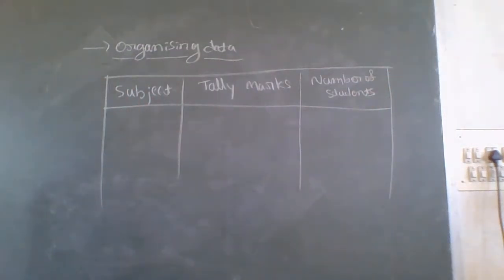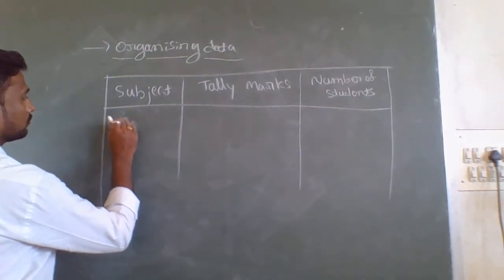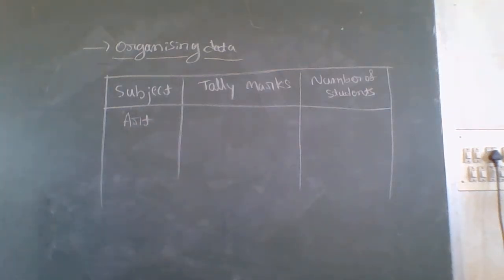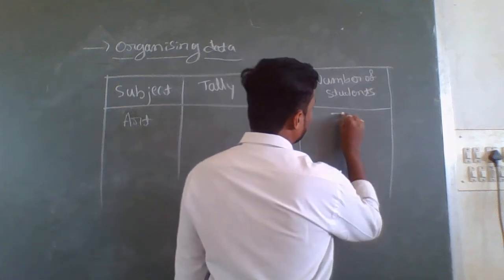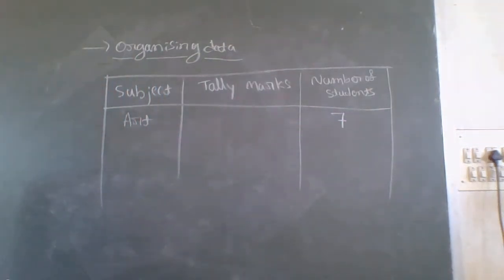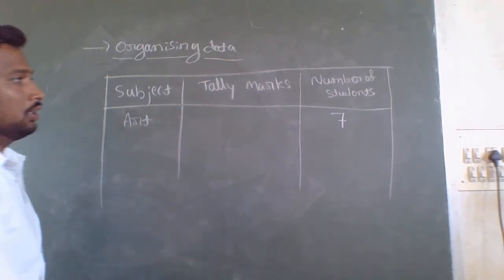The first subject given here is art. The number of students is 7, so 7 students like art. In the tally marks we have to represent this number.